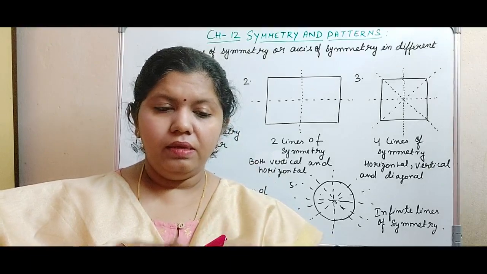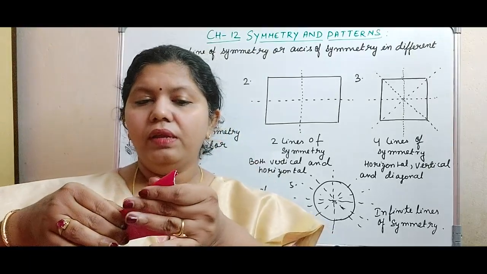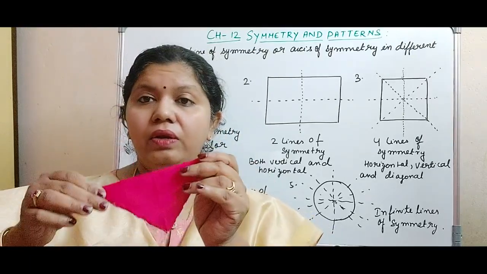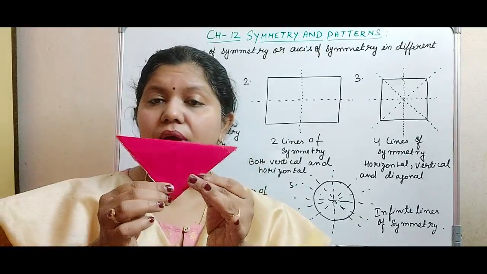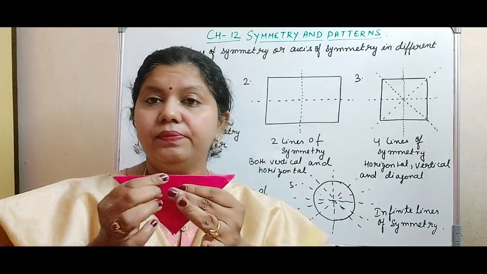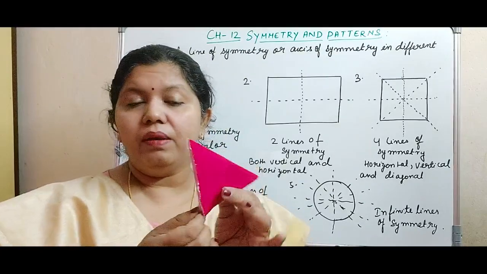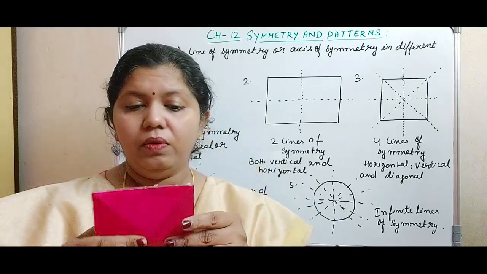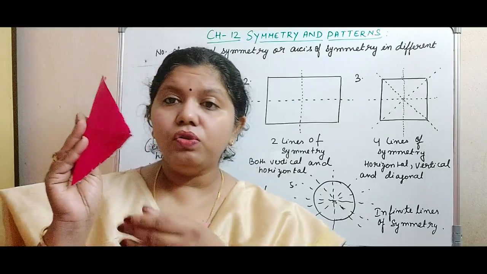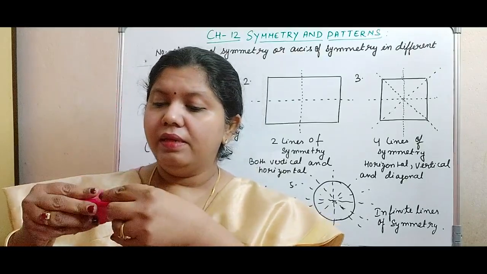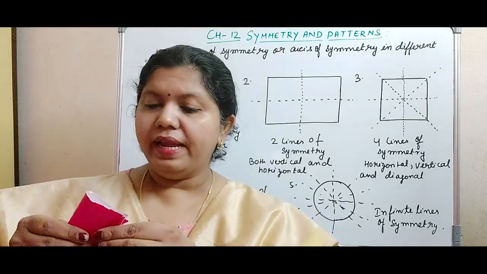You can see after folding it diagonally, it forms a triangle like this, and its sides overlap completely. It can also be folded along the sides, like we were doing in the case of a rectangle.